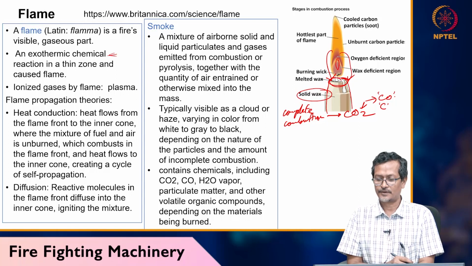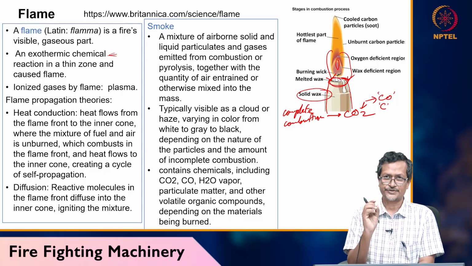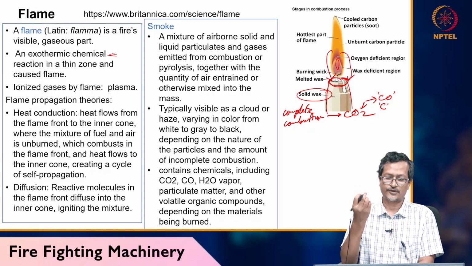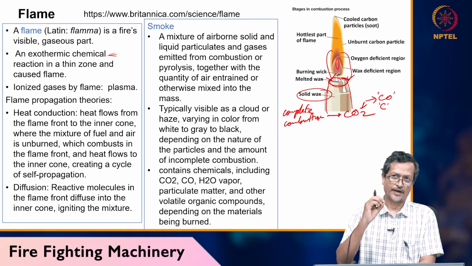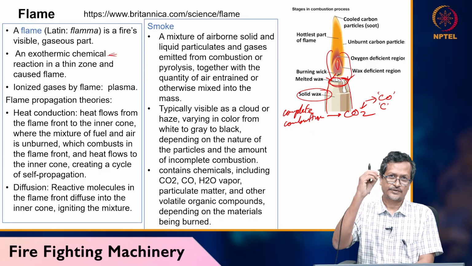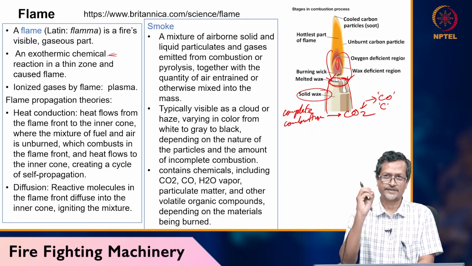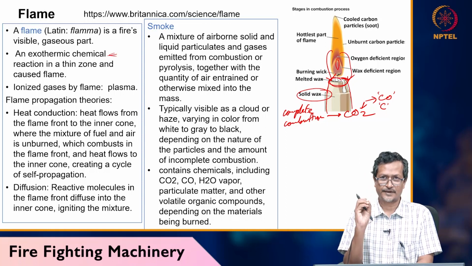Unburnt carbon particles at high temperature near the middle of the flame will be yellowish in color. At high temperature the carbon becomes yellowish, and when it goes out of the flame, the temperature goes down.